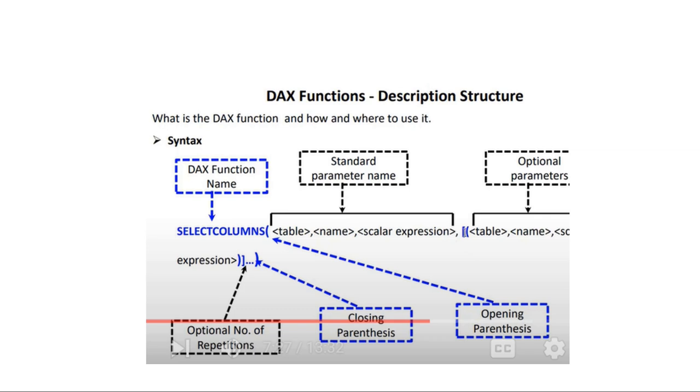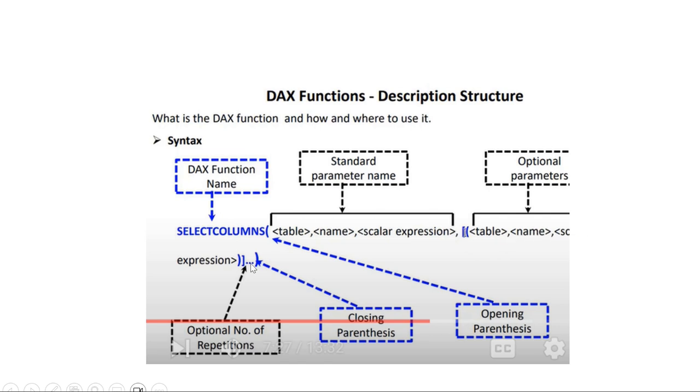So what is a DAX function? Basic description structure. Now I already told you a DAX function is always in uppercase, for example SELECTCOLUMNS, and after that you need to give, in angle brackets, it's a must, an expression there in angle brackets. Then the value may be optional in square brackets.